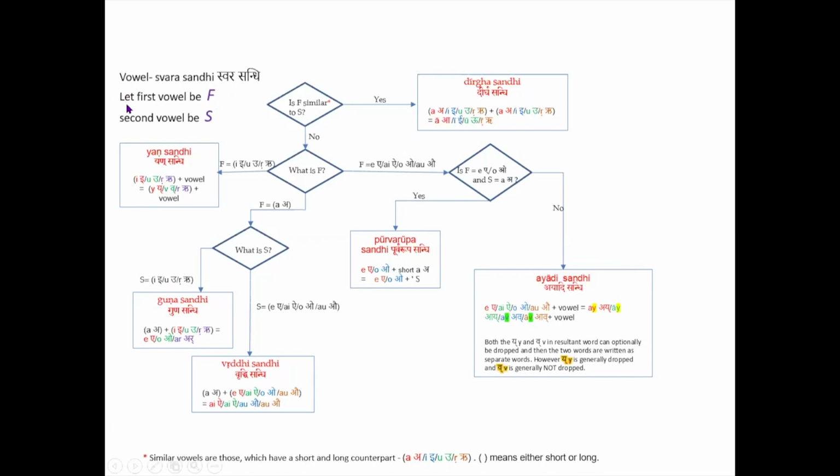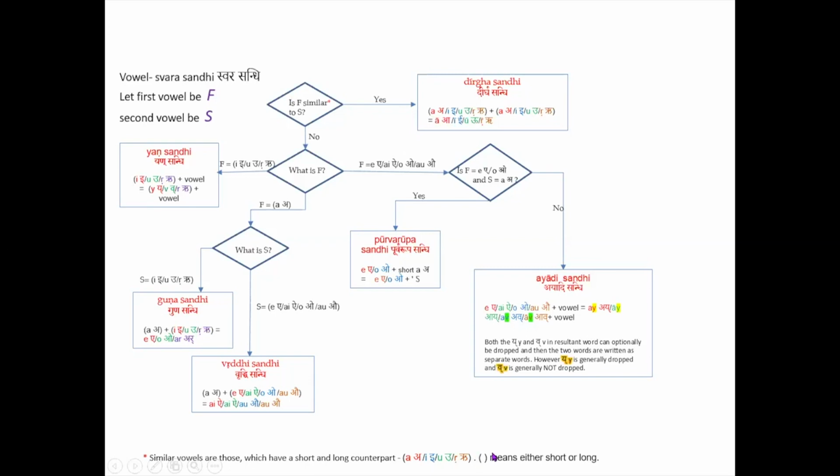Let the first vowel be F, second vowel be S. The first question is: is F similar to S? Similar vowels are those which have a short and long counterpart, like Akara, Ikara, Ukara, and Rukara.